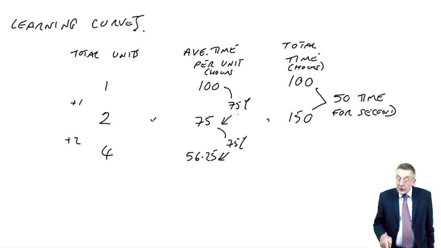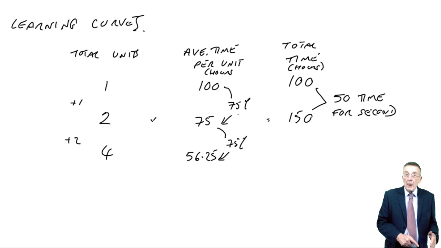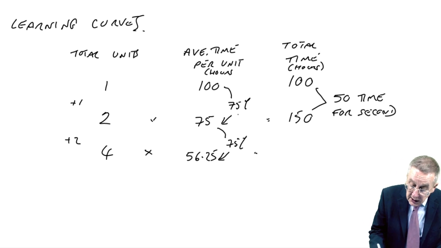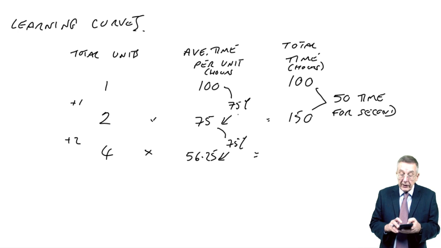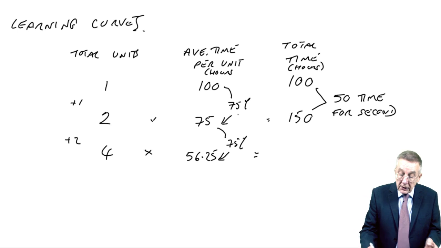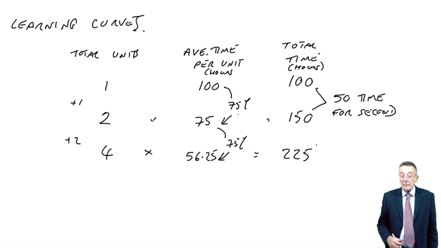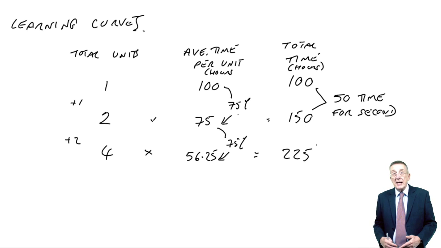Now again, that is not the time for any one unit. It's the average time per unit if we make 4. So the total time to make 4, if it's 56.25 on average, the total time is 225. Well, we know that the first 2 took 150 hours in total.